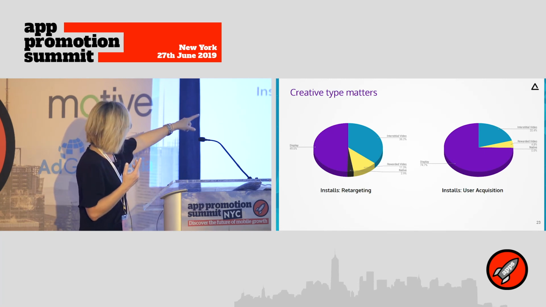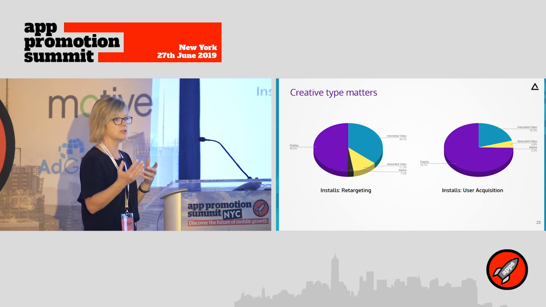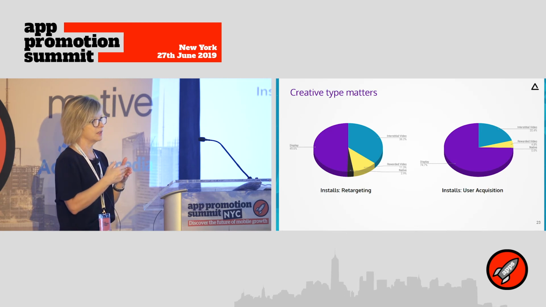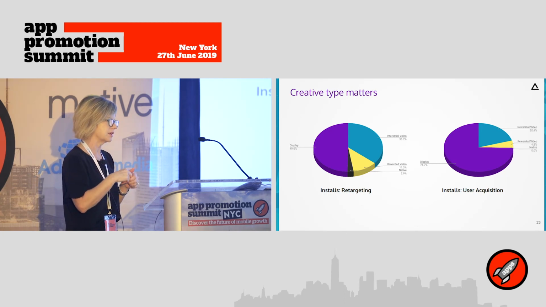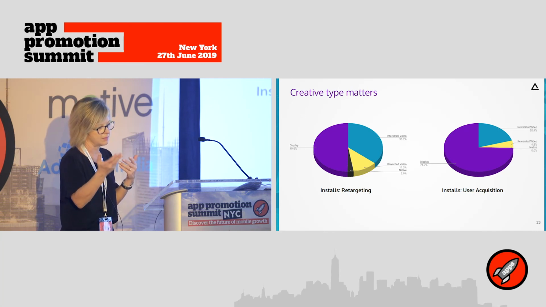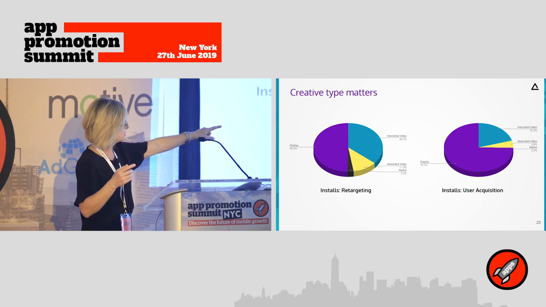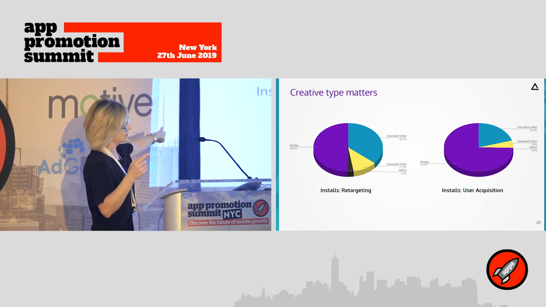You want rewarded video, interstitial video, native, display. Because the key thing is you get your match rate. Are you finding that user? Because honestly, if you hit a high-paying, high-engaged user with a display ad, they're more likely to react because they know your game or your app. So there's a little bit of difference between the user acquisition strategy with ad units and the retargeting with ad units.